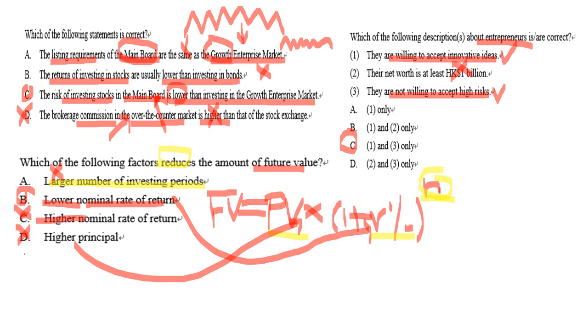C, the risk of investing in stocks in the main board is lower than investing in the growth enterprise market. Of course, we know that is actually lower because all those firms in the main board are of a longer history and with more sound fundamental background, etc. Of course, the listing requirements are more strict than the listing requirements in the growth enterprise market.